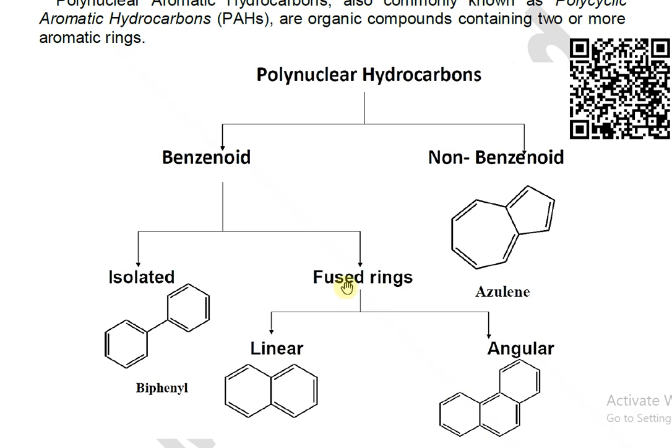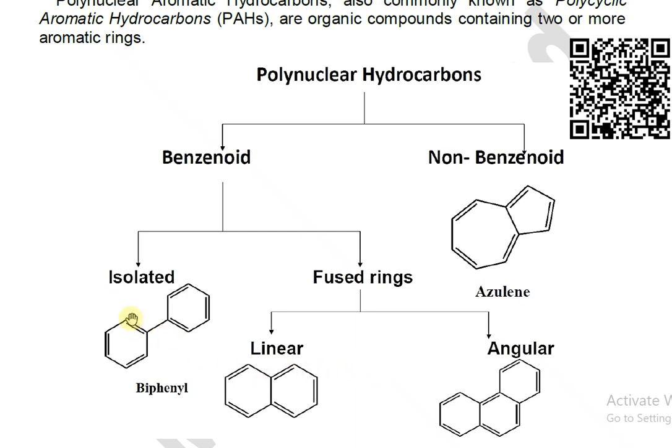The second group is the fused ring. From the name fused, both cycles are bonded together directly, and there are at least two carbon atoms shared between the two cycles or the three cycles.